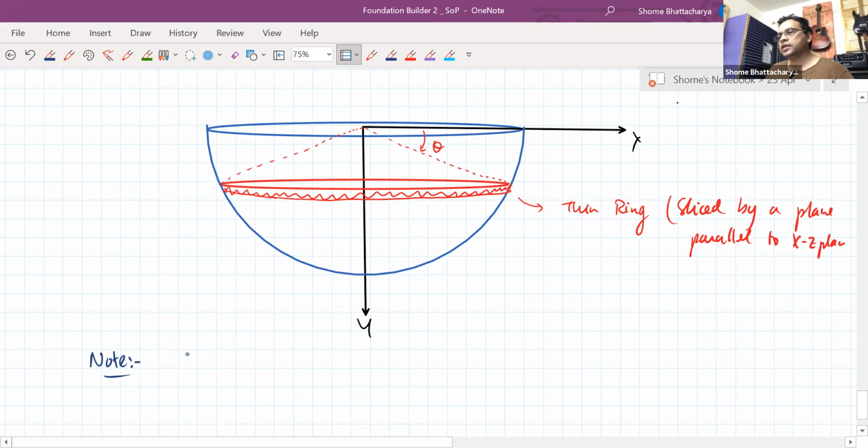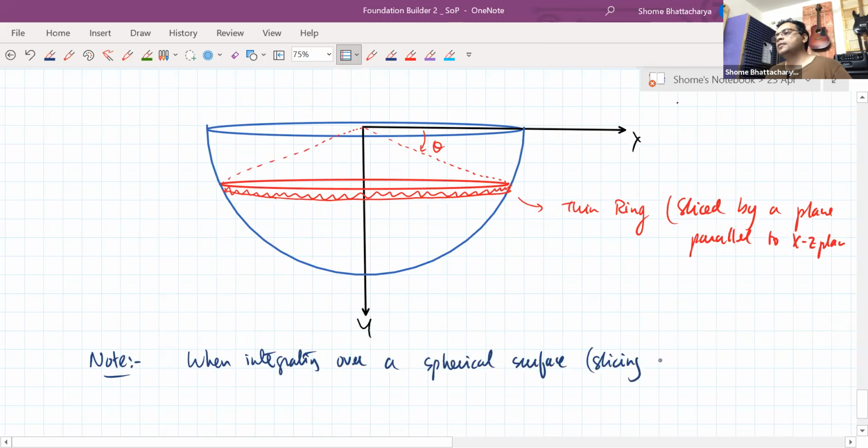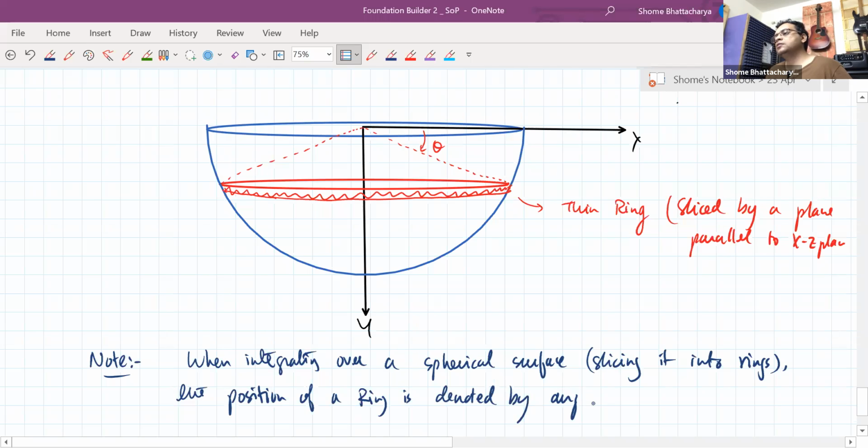So this is like a convention that when integrating over a surface or over a spherical surface, slicing it into rings, the position of a ring is denoted by angle theta.